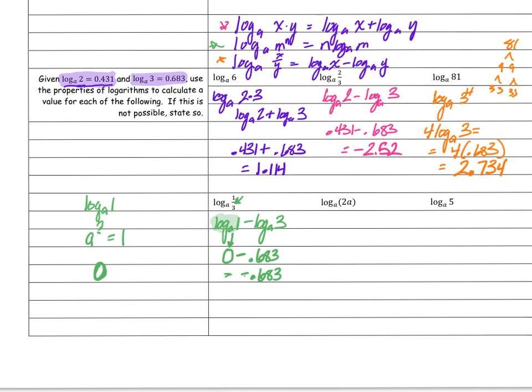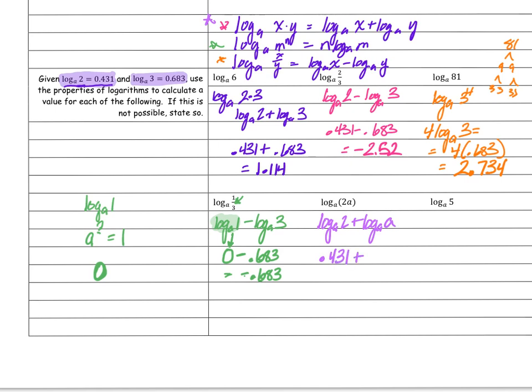So I have a multiplication problem. If it's multiplication, I'm going to use this one. So log base A of 2 plus log base A of A. Well, log base A of 2 is 0.431.